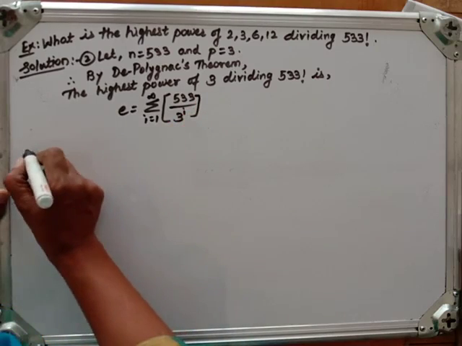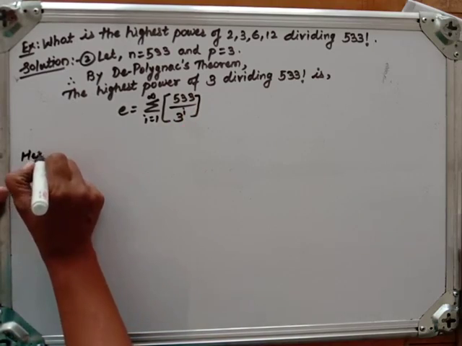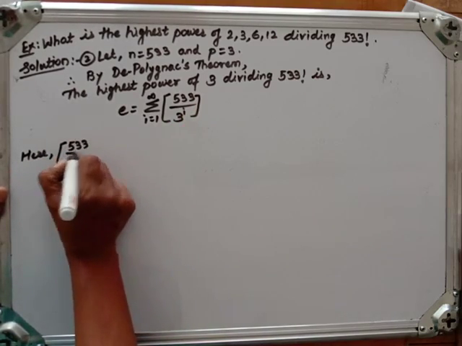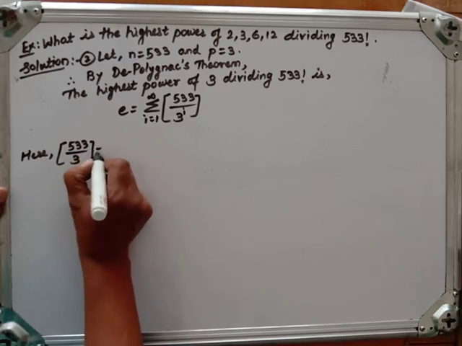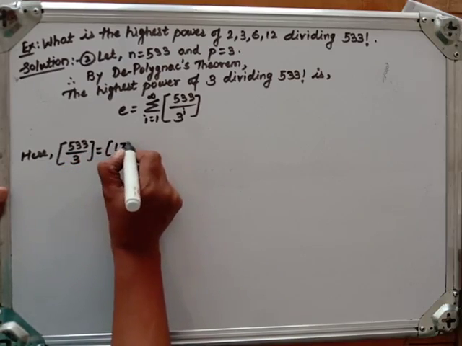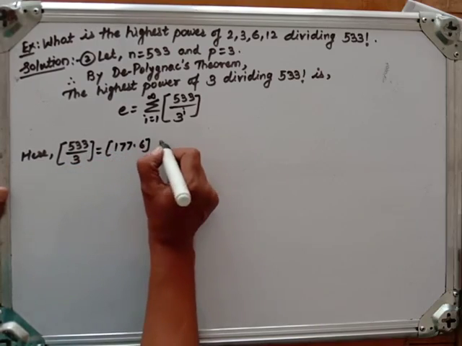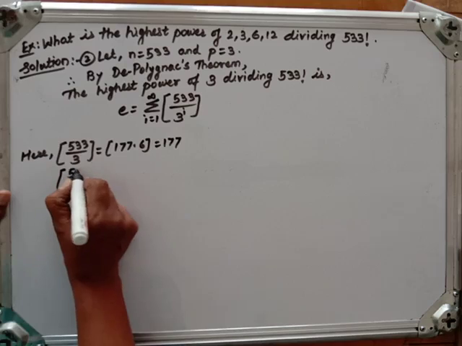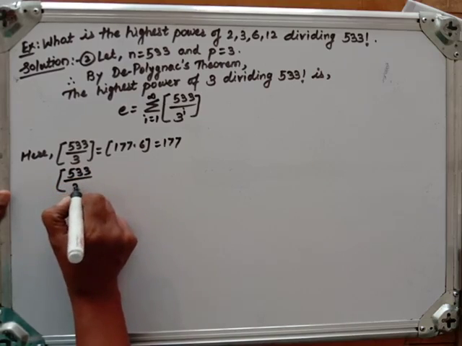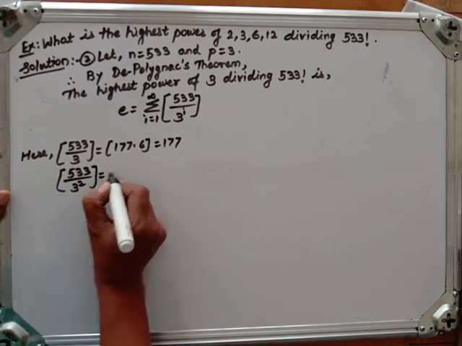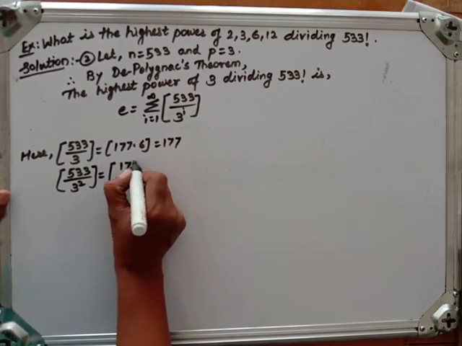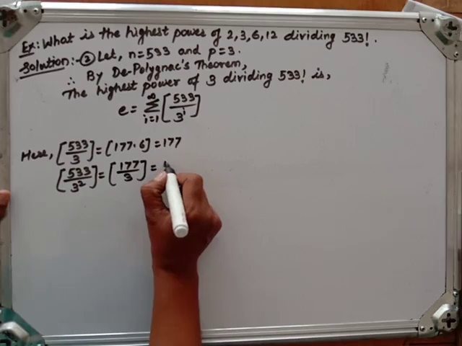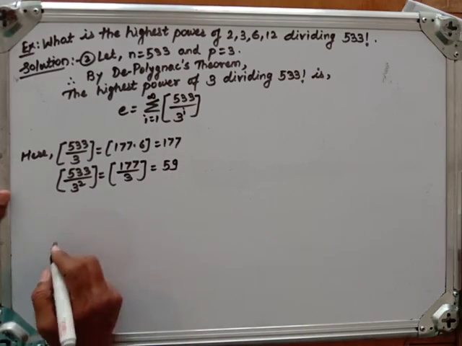Okay. So here 533 upon 3 is 177.6, so it is 177. 533 upon 3 square: it is 177 upon 3, so it is 59.